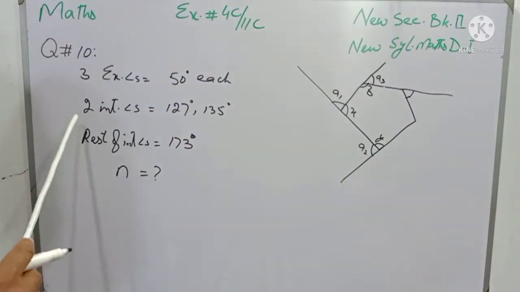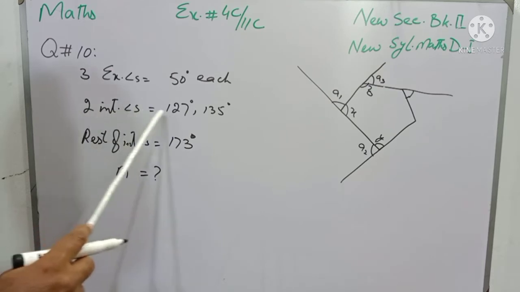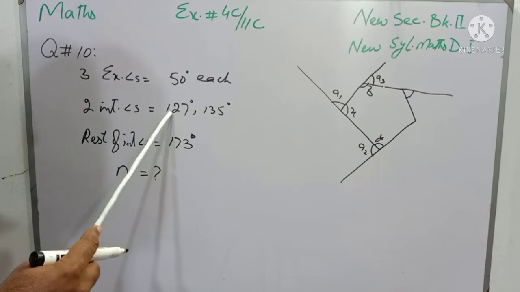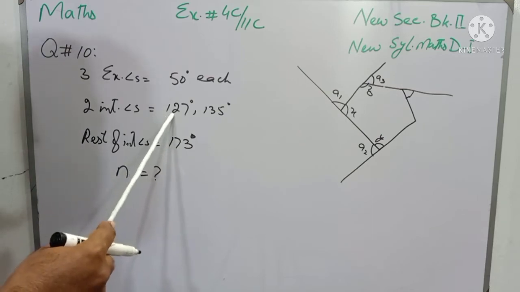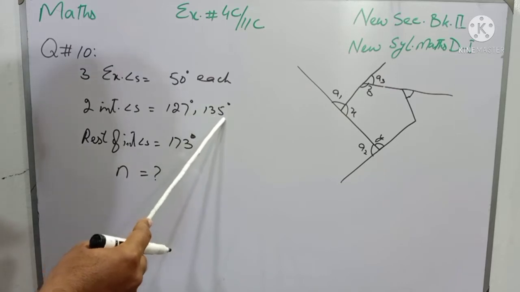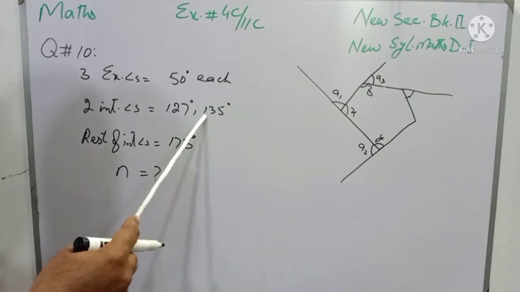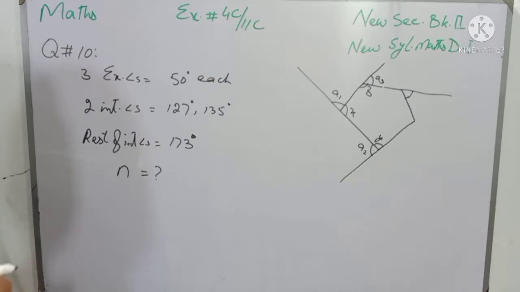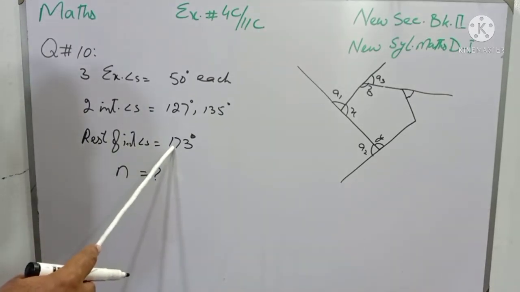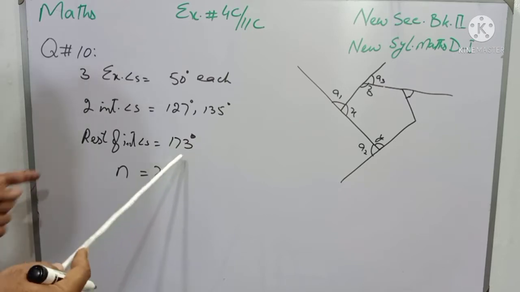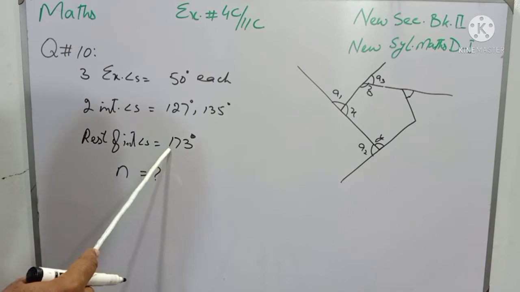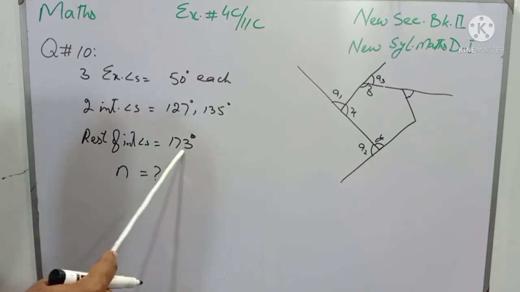So students, if the interior angle is 127 degrees, then the exterior angle will be 180 minus 127, and if the interior angle is 135 degrees, then the exterior angle will be 180 minus 135 degrees, and for the rest of the interior angles, each equal to 173 degrees, the exterior angle will be 180 minus 173 degrees.